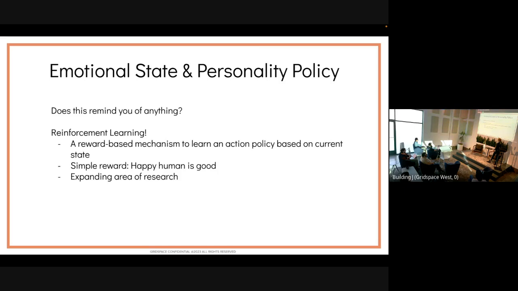Reward-based mechanism, simple reward, you want positive emotion, and you can learn an action policy based on your current state, based on observations, and there's some research into creating reinforcement learning based bots, but like I said, I'm not going to get too far into it.